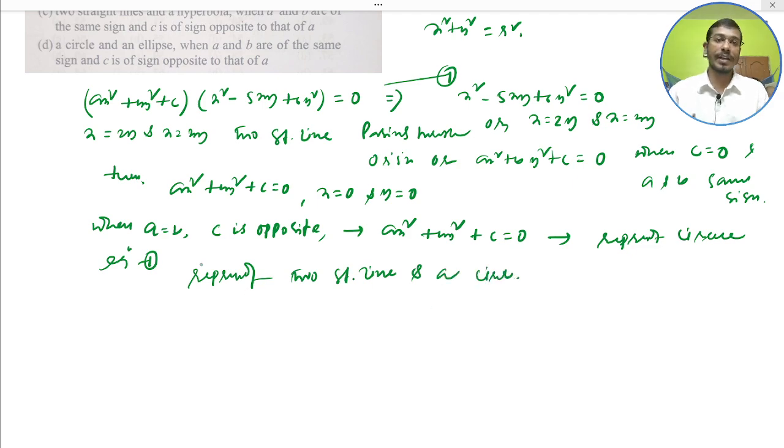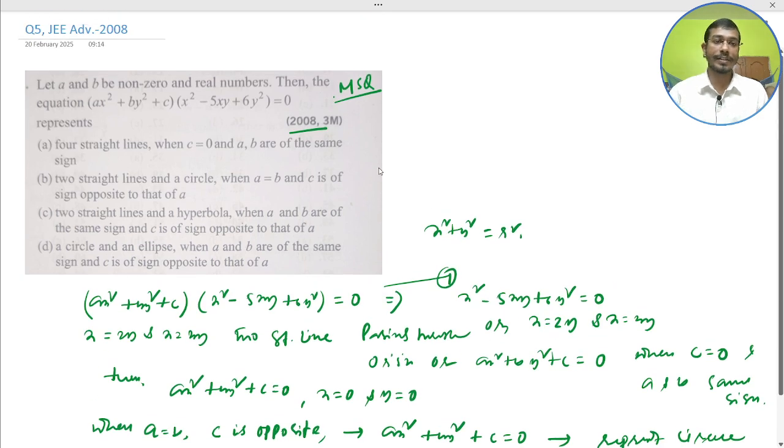This equation is basically a pair of straight lines and a circle. A pair of straight lines and a circle means option B is correct. Only one option here should be correct: two straight lines and a circle when a equal to b and c is of sign opposite to that of a, meaning a and c have different signs.